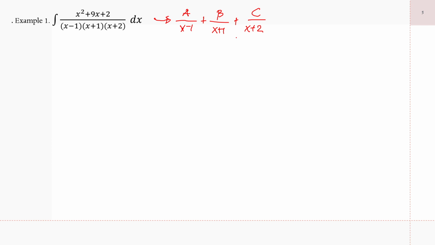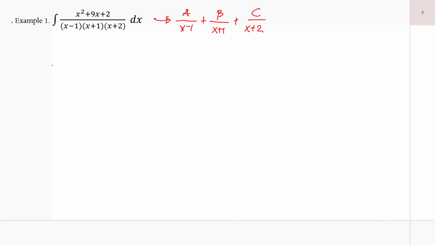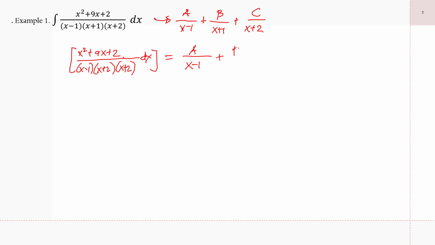Okay, the first method is by assigning particular values to x in order to obtain equations involving at least one of the constants. So first, we will equate this: (x squared plus 9x plus 2) over (x minus 1)(x plus 1)(x plus 2) dx is equal to the partial fractions A over x minus 1 plus B over x plus 1 plus C over x plus 2.